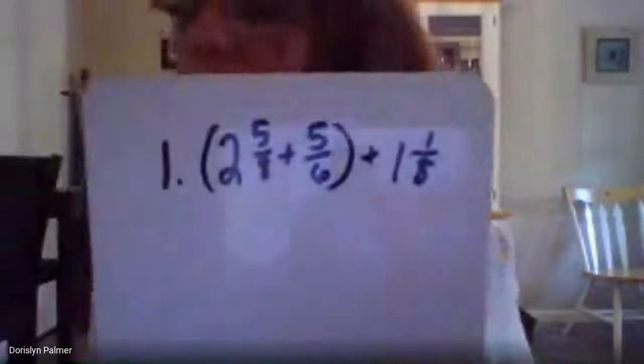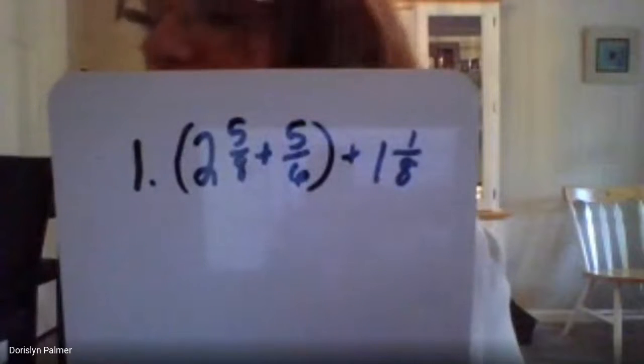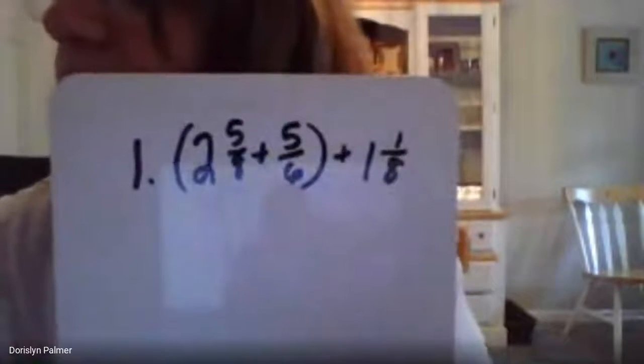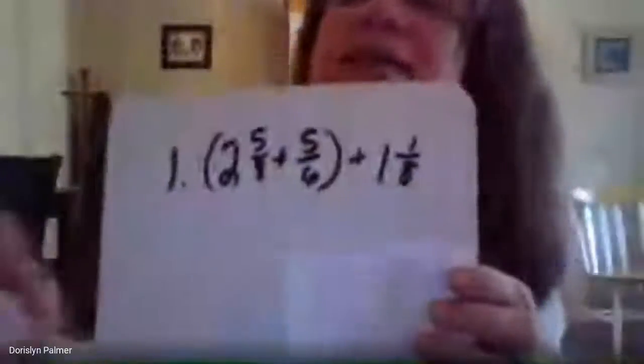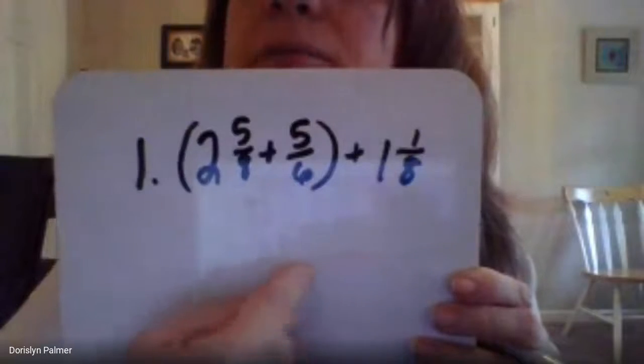Okay. Now, it's not going to be super easy to add them this way in this order. So I'm going to take this 1 1/8 and switch it around with the number in front of it. So inside my parentheses, I'm going to have 2 5/8 plus 1 1/8. And then I'm going to have plus 5/6 on the outside.